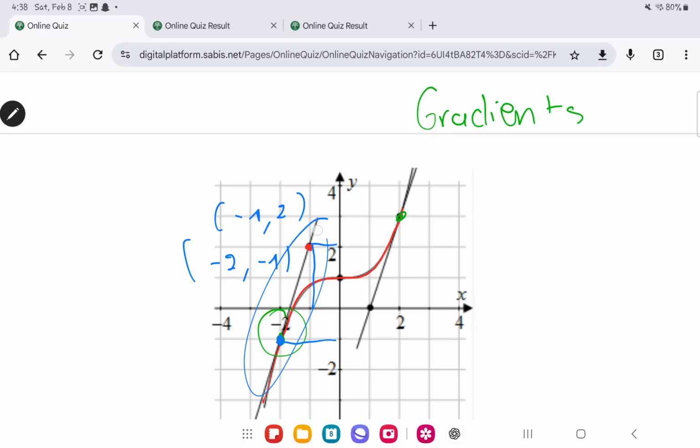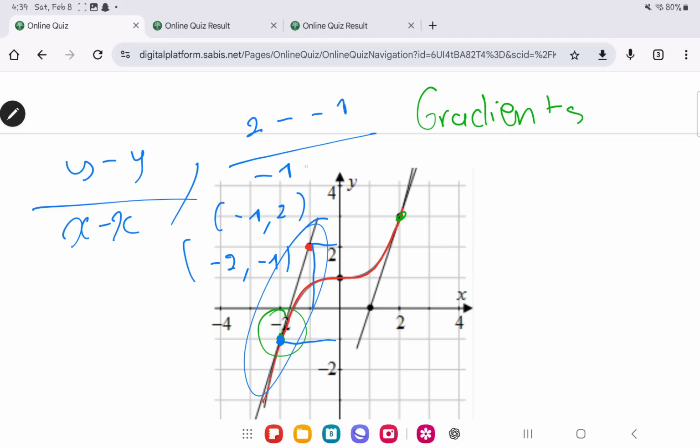So the slope for this is very simply going to be y minus y over x minus x. So it's going to be 2 minus minus 1 over minus 1 minus minus 2. So that's going to be 3 over 1. So then the gradient is 3. Now for this one over here, we'll take this point, which is an x of 1, a y of 0, and here an x of 2 and a y of 3.